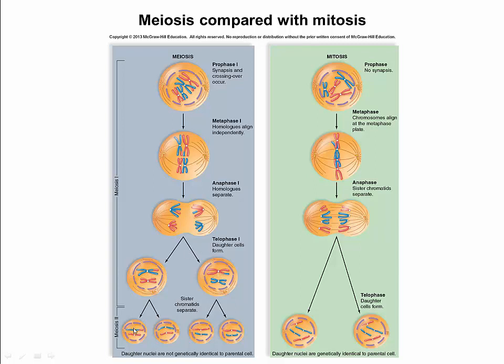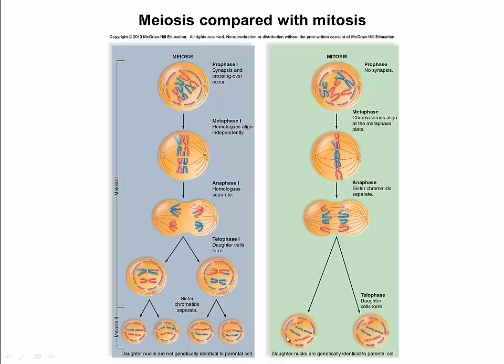And then we undergo a second division, which separates the sister chromatids and gives us 1, 2, 3, 4 cells. These cells are not genetically identical to the parent cell for 2 reasons. One is they have half the genetic material that the parent cell did. They're now haploid because the homologous chromosomes have separated.